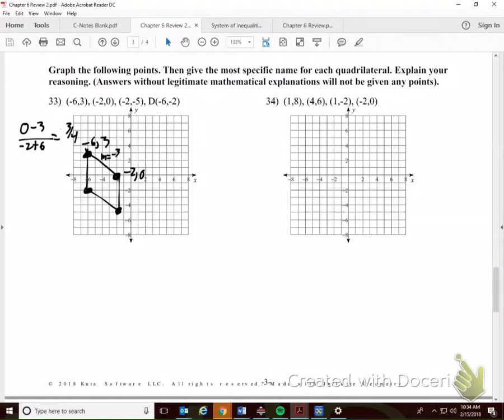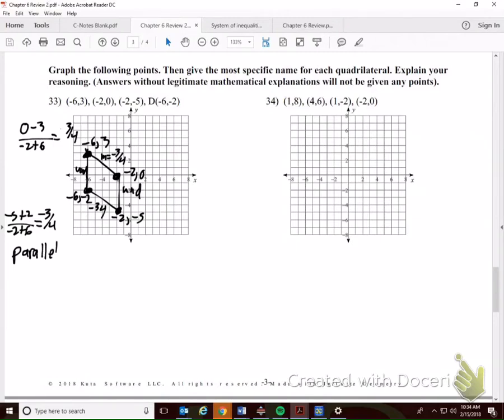Now, if all of those match up, then we'll have a parallelogram. So here we have the top and the bottom having slopes of -3/4, and the bottom one's 3/4. So we know it's a parallelogram.